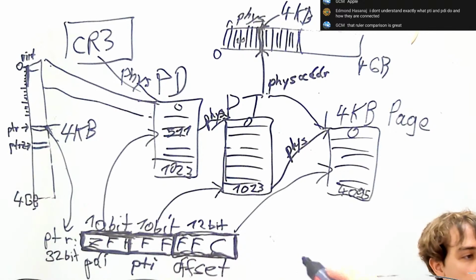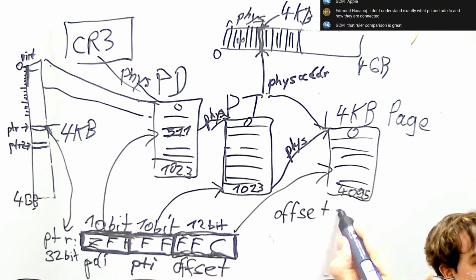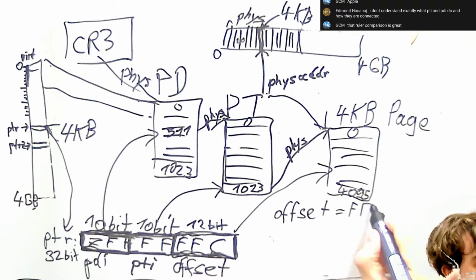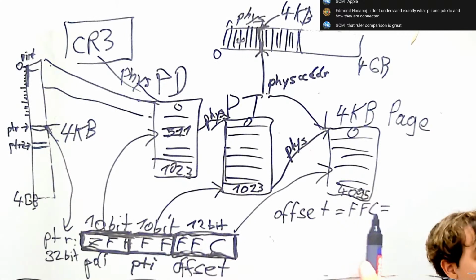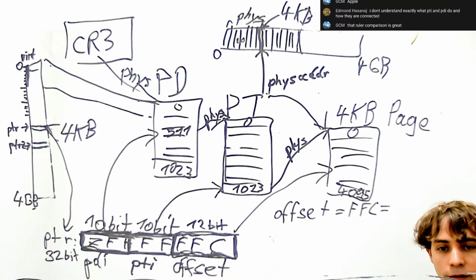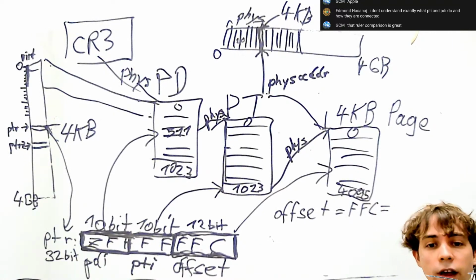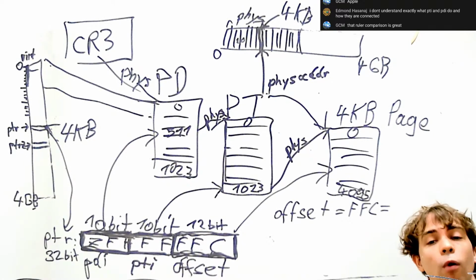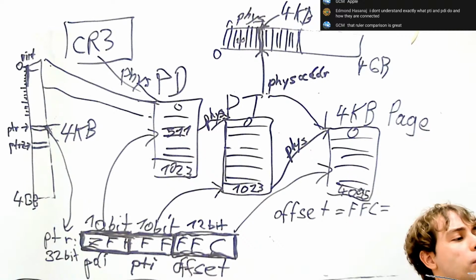So this part is nice, right? Offset equals FC, and now we have to compute this, right? So I know that FFF is 4095, and 4095 is FFF, then 4094 is FFE, 4093 is FFD, and 4092, did I miscompute this now?